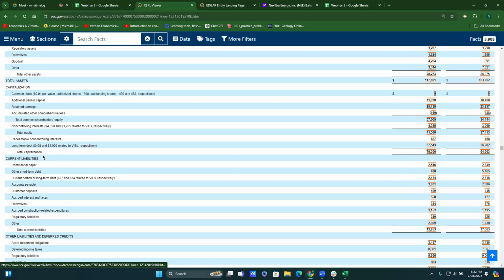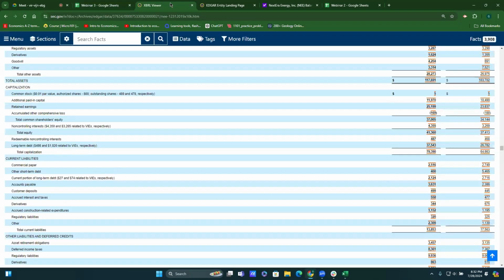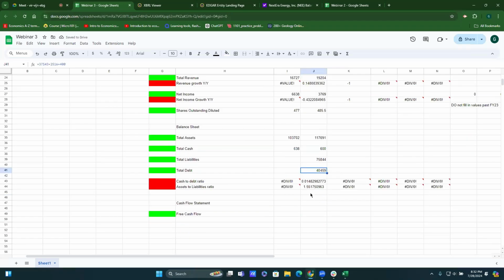But I believe that commercial paper is also going to be a debt, and of course short-term debt. So we're also going to add these two numbers to it as well. So 2516 and I think it was 400. Yeah, 400. All right, so that just gives us a value for debt, right?